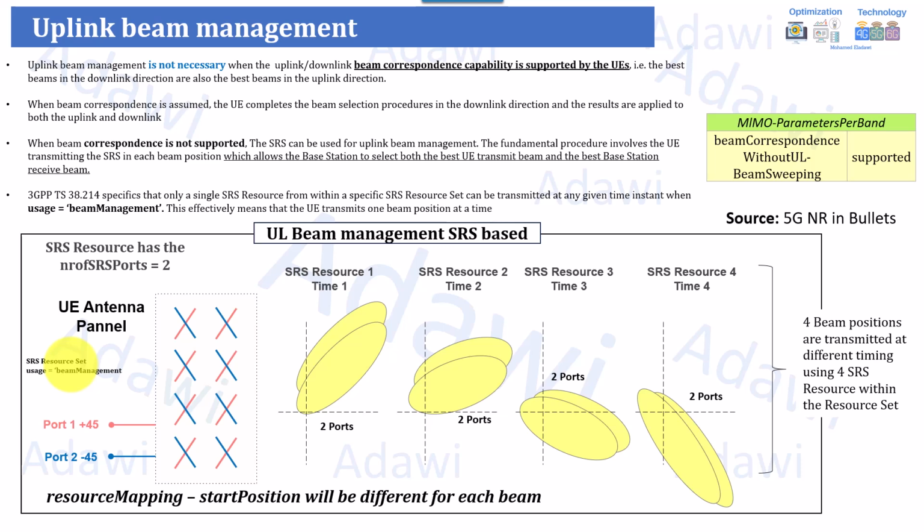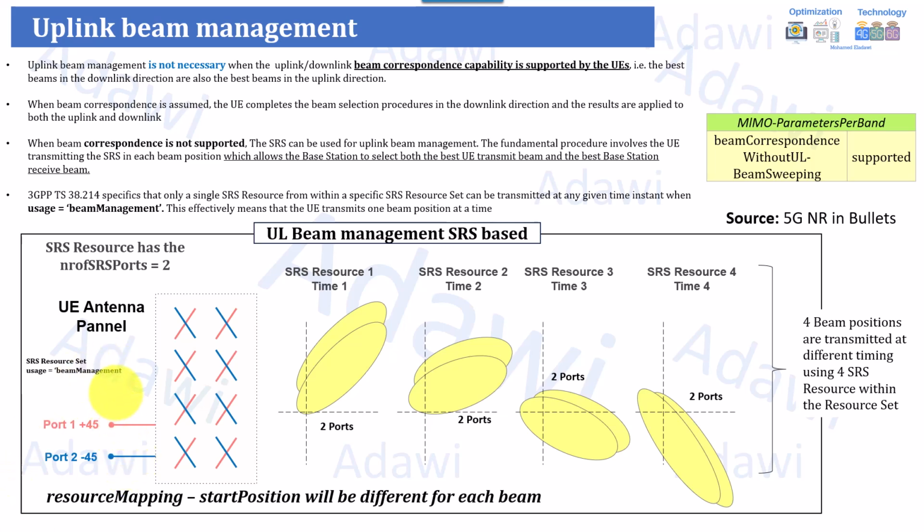Initially, the procedure is like the following. First of all, the SRS resource set will be 1 because you have only 1 antenna panel, and the usage will be set to beam management. If you remember, in the previous 2 cases you had codebook and non-codebook. But since the SRS this time is used for beam management, the SRS resource set usage should be beam management.